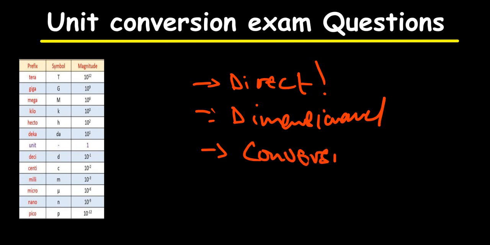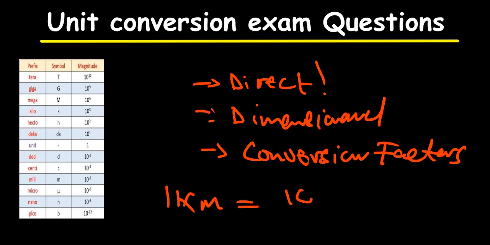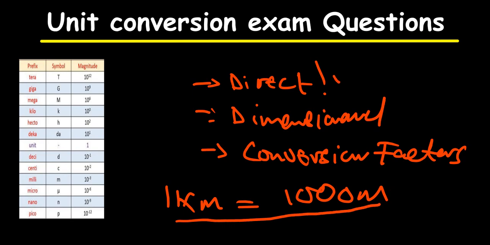What is a conversion factor? Those things that you are doing in grade 12. Maybe we say 1 kilometer is equal to how many meters? We are saying 1000 meters. So this is a conversion factor. We can convert units using the direct, dimensional, or using what? Conversion factor. This 1 kilometer simply means 1000 meters. What has changed is that we have replaced this kilo with its value.